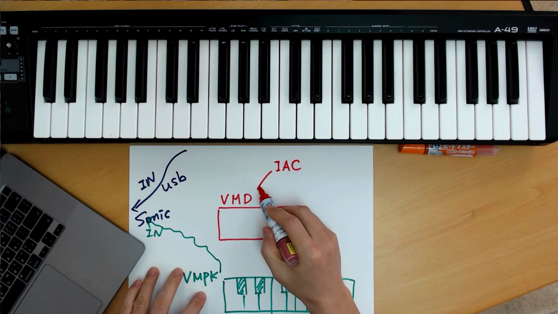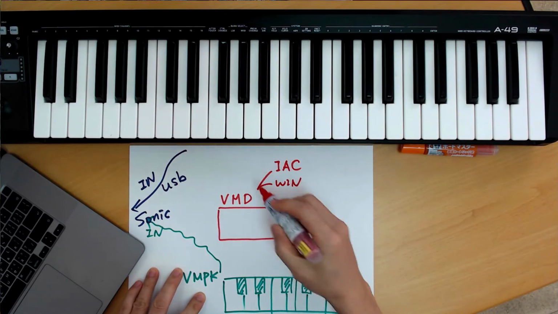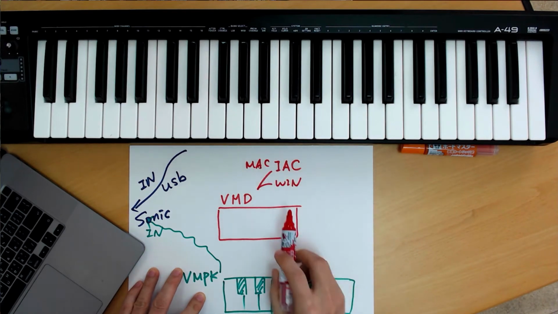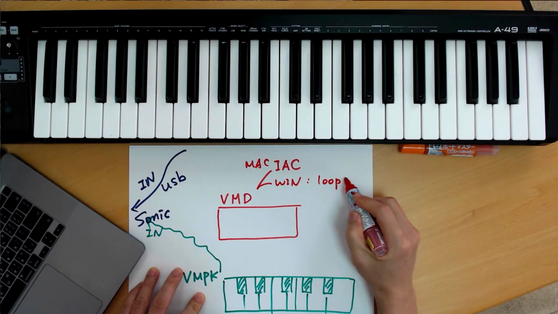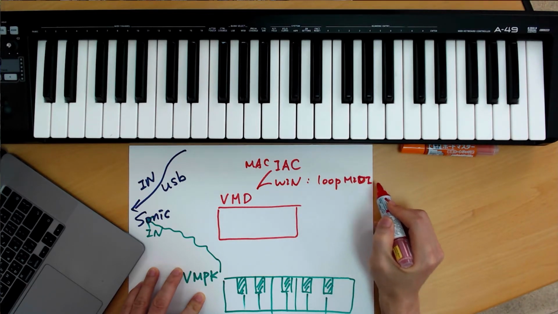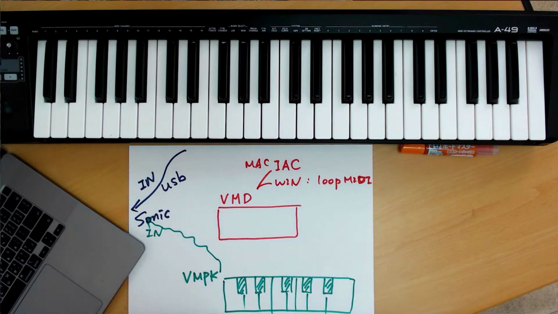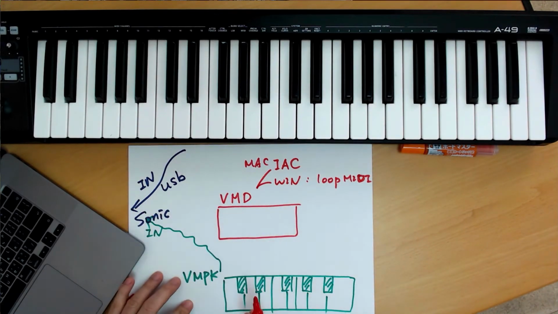Okay, in Windows system, this is for Mac, this is for Windows. I suggest you install a software called loopMIDI. In the later lecture, we will show this. But the idea is that after you install this, it serves as a bridge, okay?